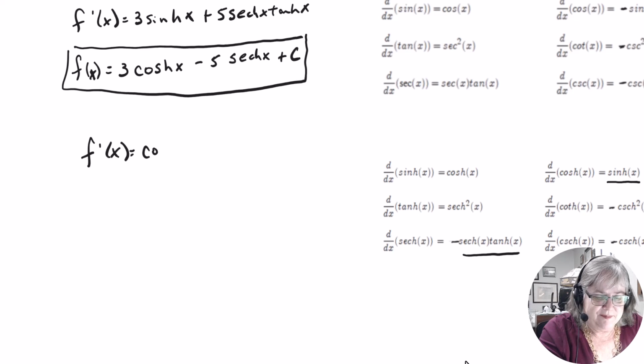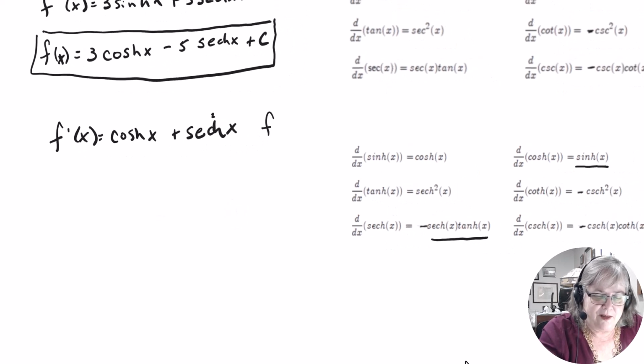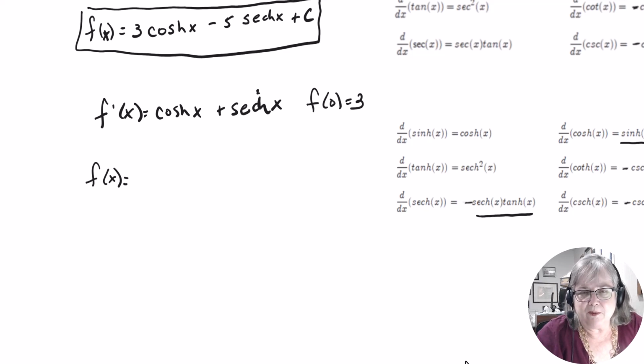F prime of x is the hyperbolic cosine of x plus the hyperbolic secant squared of x. And I'm going to tell you an initial condition, f of 0 is equal to 3. Let's see what we can do here. So f of x, what did you take the derivative of to get the hyperbolic cosine?